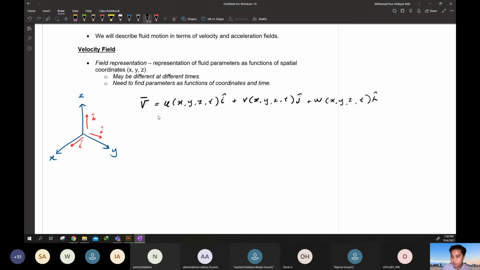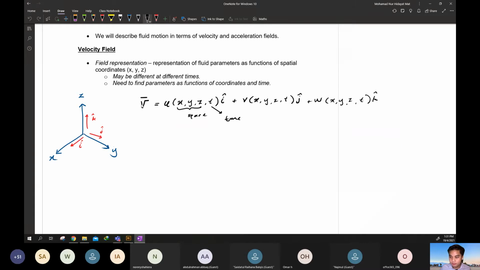Okay, this is how we express the velocity vector in terms of i, j, and k. We call this the velocity vector in the Eulerian description, because we have the space and we have the time. The combination of space and time is what we call a Eulerian description.